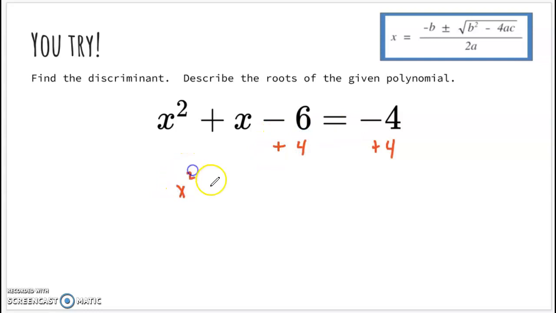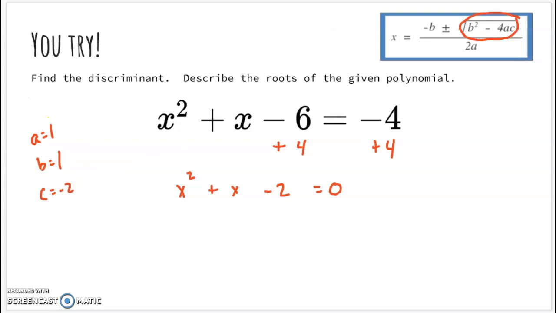So I have x squared plus x minus 2 is equal to 0. And now I can go ahead and check out that discriminant to see what is going on here. So my a value is 1, my b value is 1, and c is negative 2.